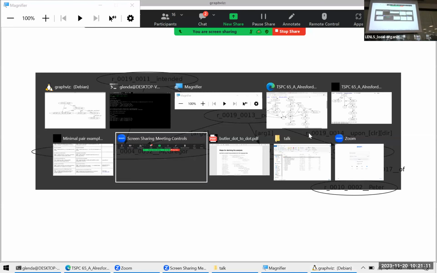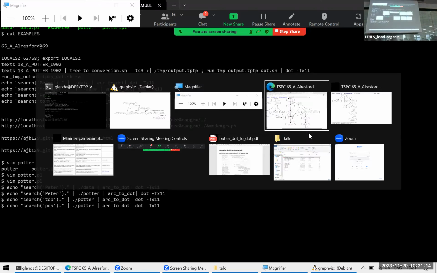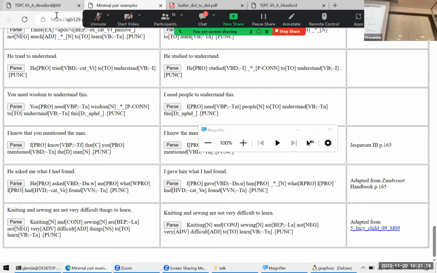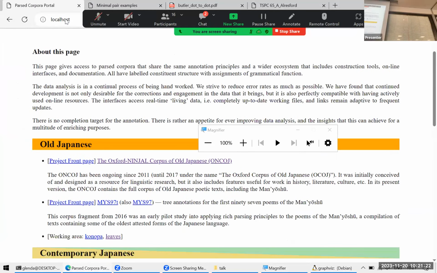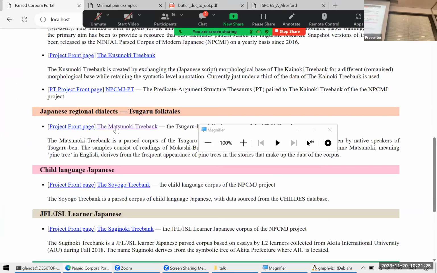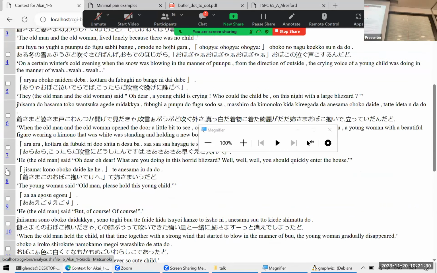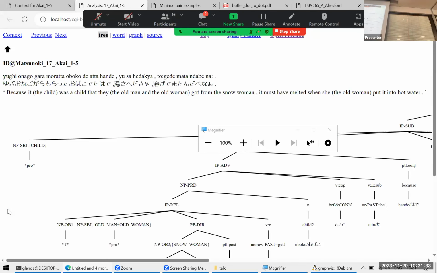So I should have time to just quickly mention that. I had other things I could have mentioned, but this is mildly appealing. Oh, I need to find the data there. So this is the Sugaribën parsed corpus, and here's a nice sentence. So the English: because it was a child, they, and the they is the old man and the old woman, got it from the snow woman.